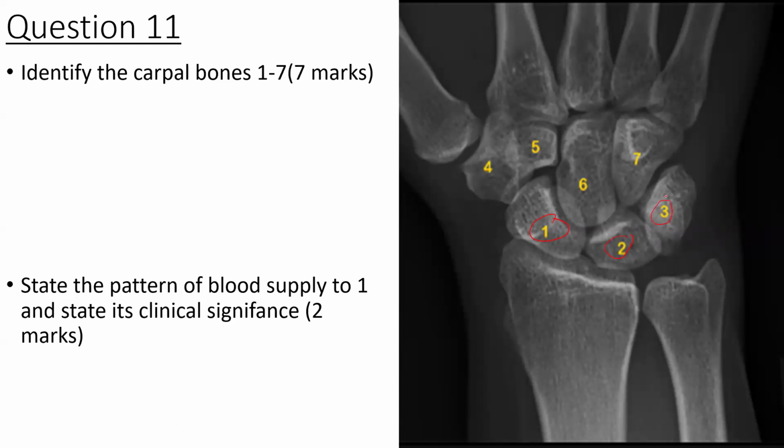Triquetrum. Okay, someone has said pisiform. Okay, pisiform, maybe that one, the smaller one on top. But for this one, I wanted you to get that it is a triquetrum. Okay. Four, what is four?